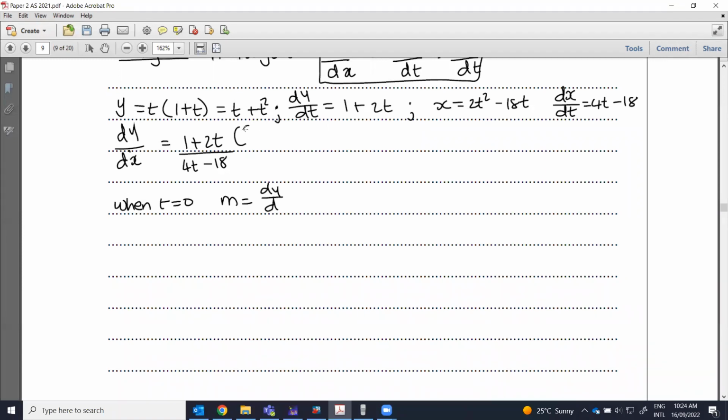I've divided dy/dt on the top by dx/dt at the bottom, that gives me this. So this is dy/dx when t is 0. So I'm just going to substitute t equals 0 here. So I have 1 plus 2 times 0 over 4 times 0 minus 18. And this is negative 1 over 18.